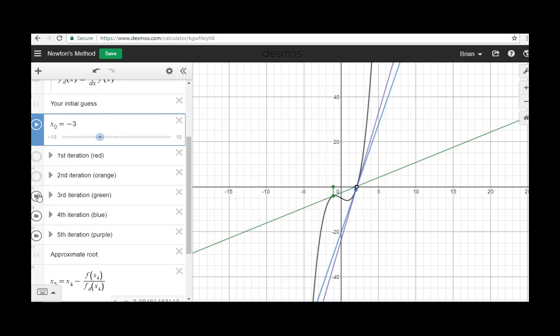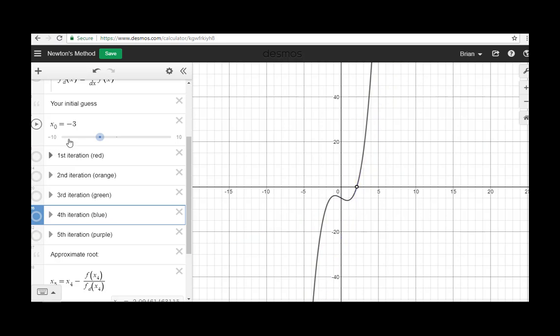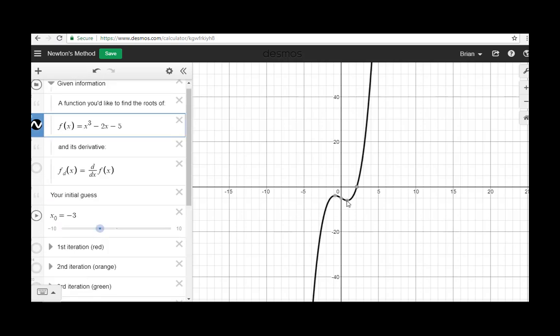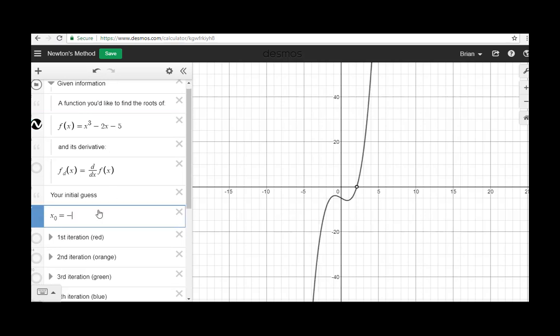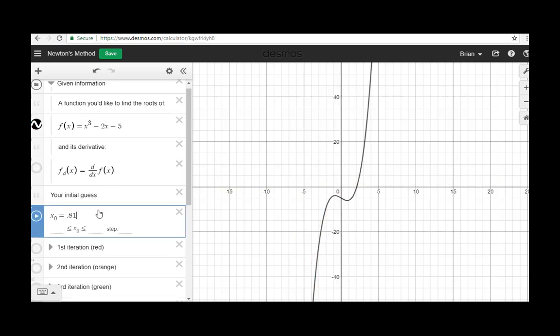Now there are situations where we can make a guess where we actually move away from the zero. We don't even end up finding the zero. In this particular case, the minimum value is 0.816, so let's make that our guess.